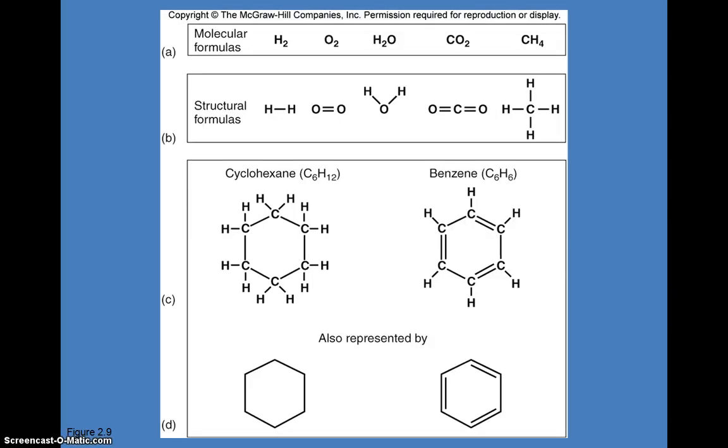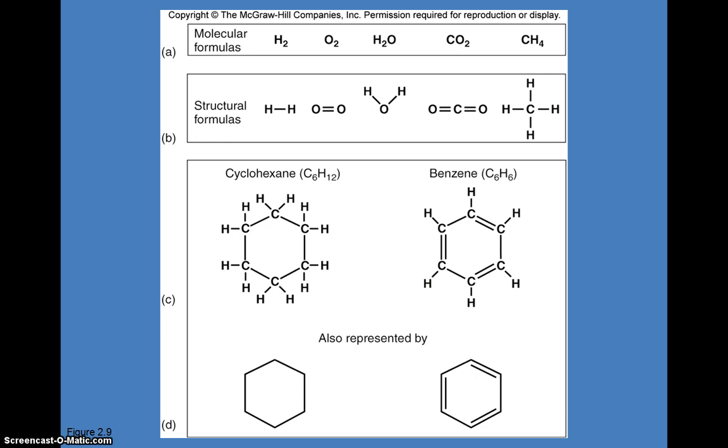Now, the written formula like that is the molecular formula, but also quite often in biology we see structural formulas because the shape of things is important to how they interact with one another. If anybody's ever taken organic chemistry, you spend a huge amount of time learning about the arrangement and the shape of carbon rings and carbon chains.